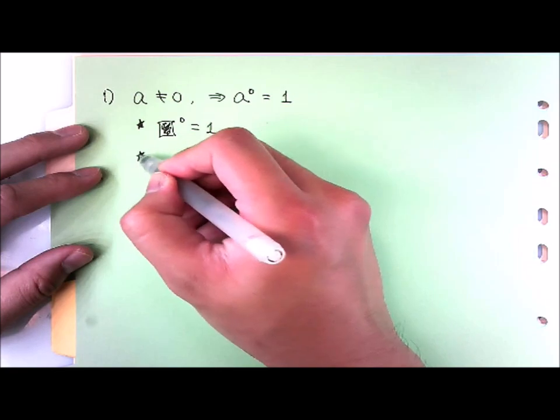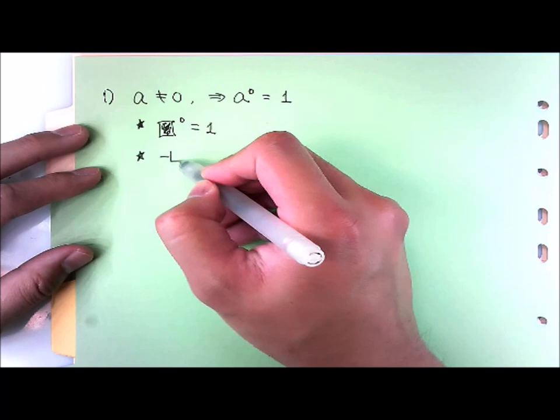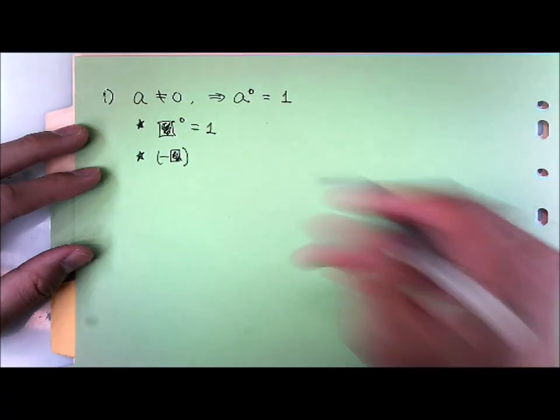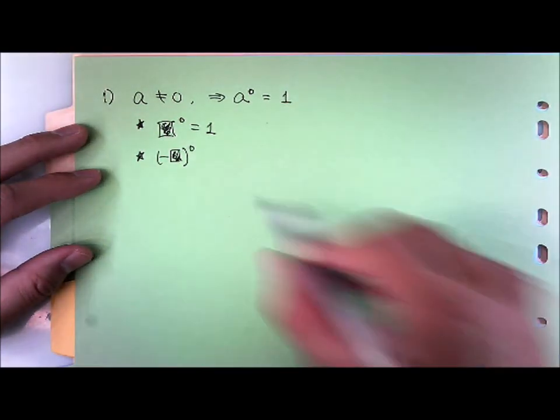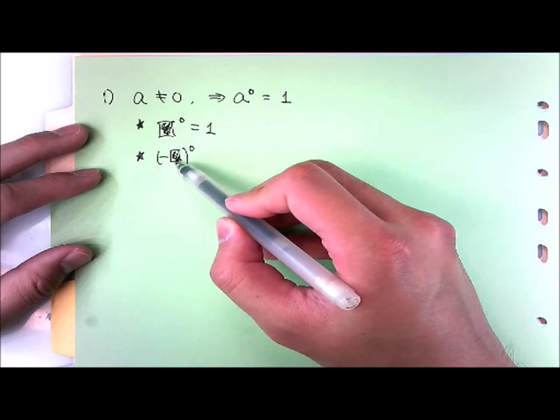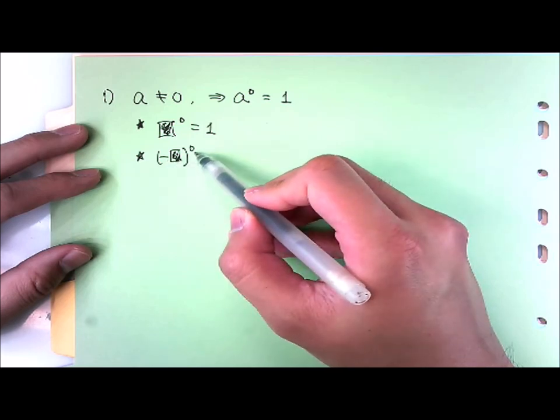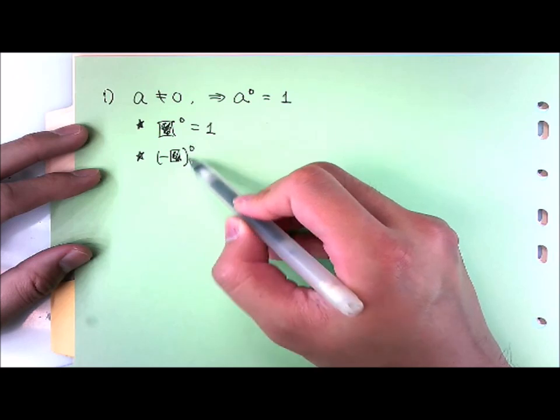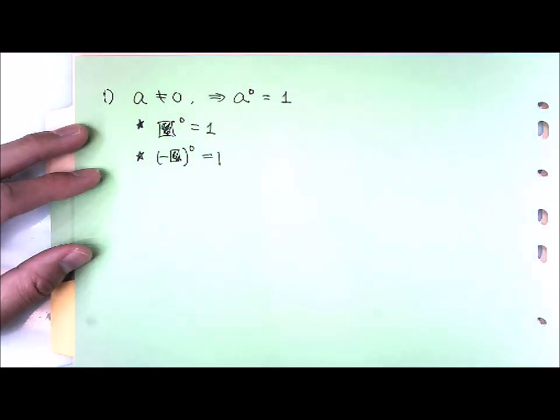Then keep going. Next, if we have a negative block, and then a bracket, and then 0, ask yourself, is this negative related to this 0? Yes, because this 0 power is given to the whole thing inside the bracket. So it's still equal to 1.